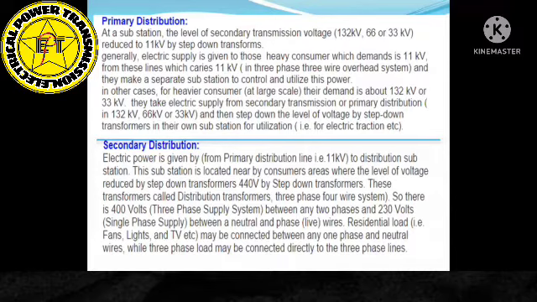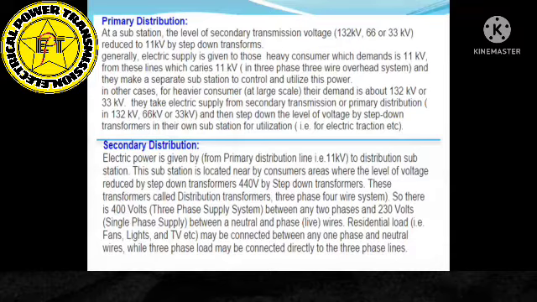It depends upon why we have such classification. It depends upon the capacities and the requirements of your substations between your generating station and load centers. So you have different types of substations in between.